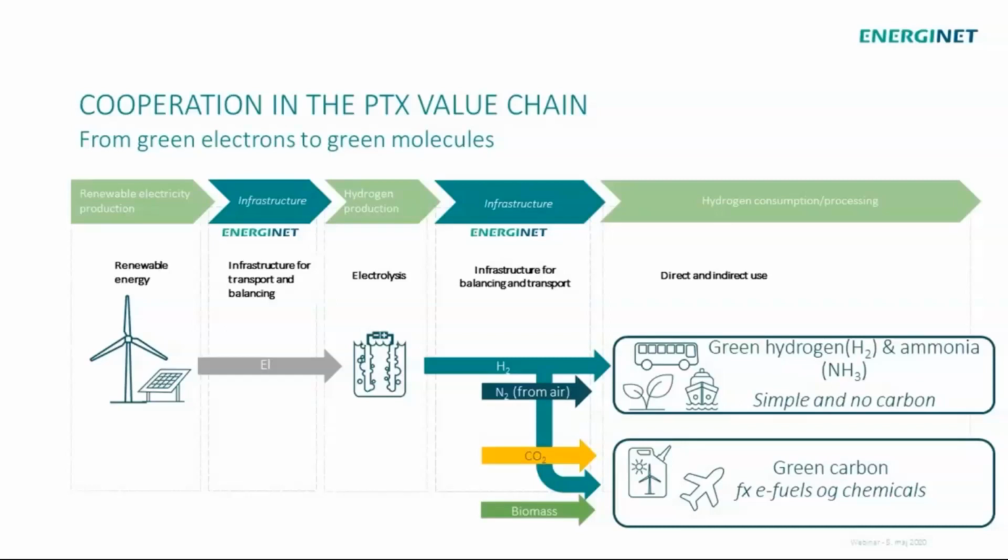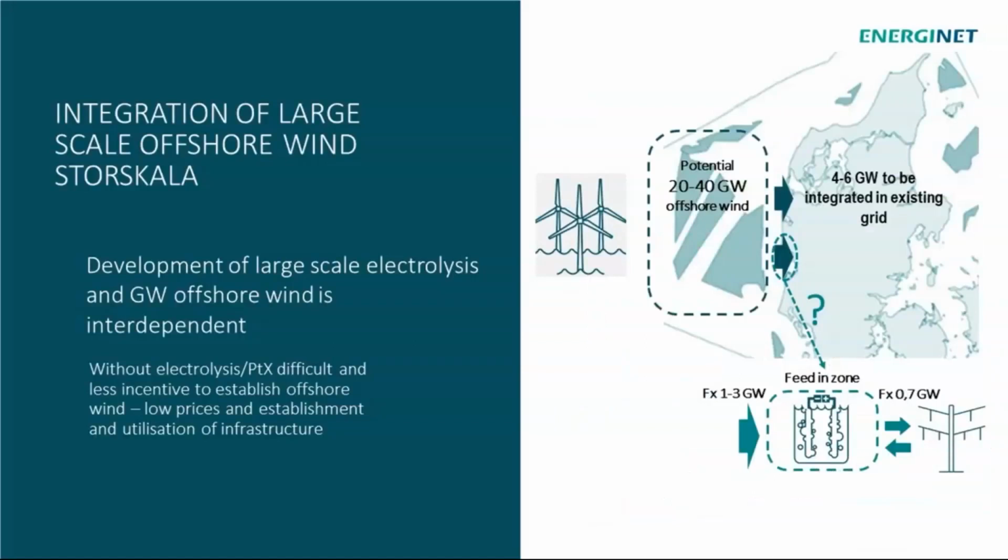And we of course do some grid planning, and what we can see is that currently around 4 to 6 gigawatt of the offshore wind that will be built for the next 10 years in the North Sea will be able to be integrated in the existing grid. But as you saw, the ambitions are quite a bit higher.